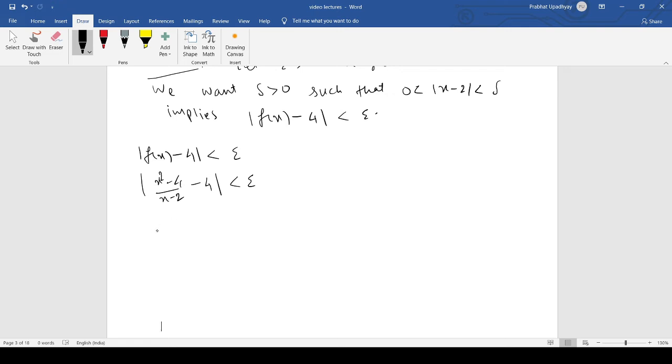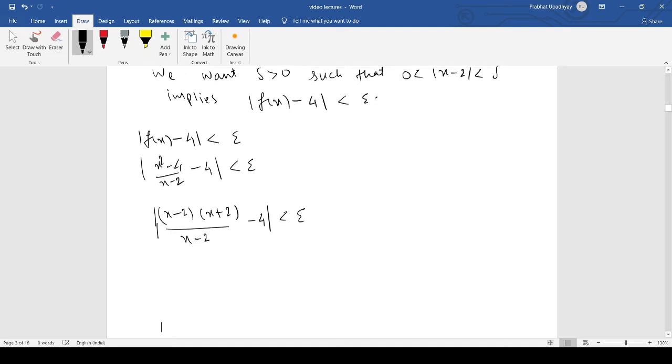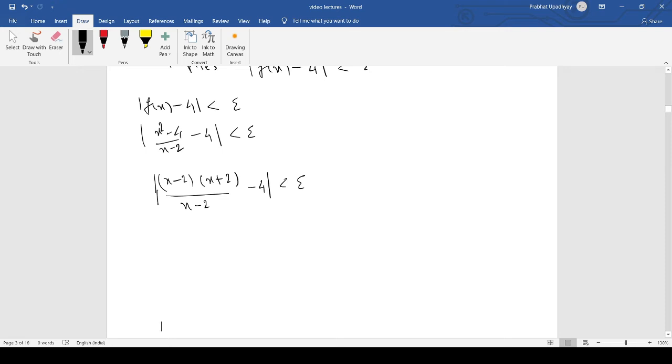So you can write x square minus 4 as x minus 2 and x plus 2, upon x minus 2, minus 4 less than epsilon. Here you can assume x minus 2 is not equal to 0 because your x is approaching towards 2. So x is not equal to 2. So you can say mod x plus 2 minus 4 is less than epsilon. But mod x plus 2 minus 4 is what? This is mod x minus 2 less than epsilon.